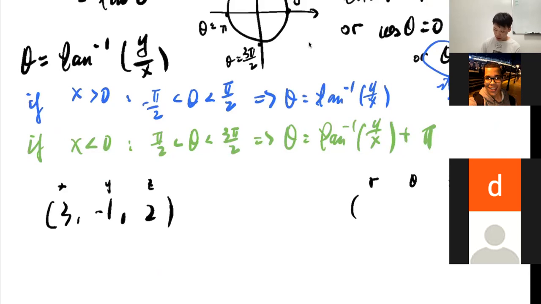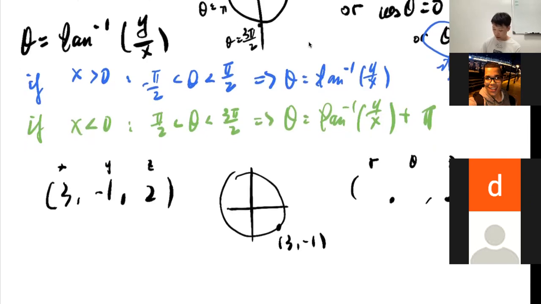Okay, your z is the same thing as the z in the Cartesian, so this is 2. Right, so for (3, -1), let's look at the circle that contains (3, -1). Minus 1 somewhere here.